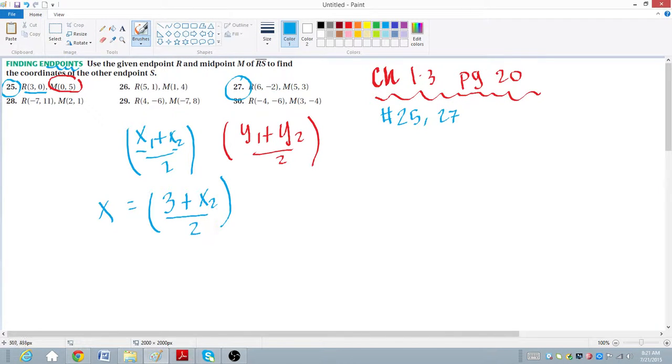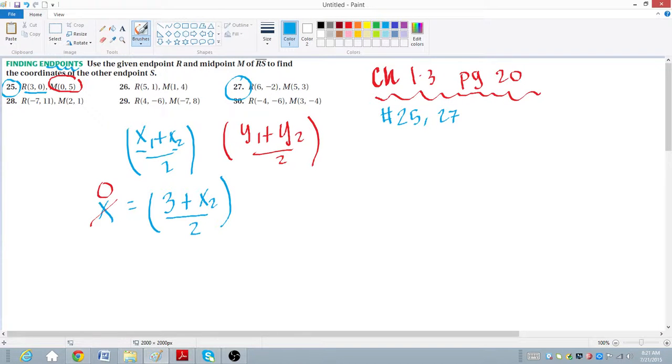Now, I can't solve for this yet because I need at least one more piece of given information. So this is where I'm using the x right here. The midpoint is given, and its x is 0. So instead of this x right here, I'm going to put a 0. I'm going to cross this out and put a 0. Now I can solve for what x2 is.